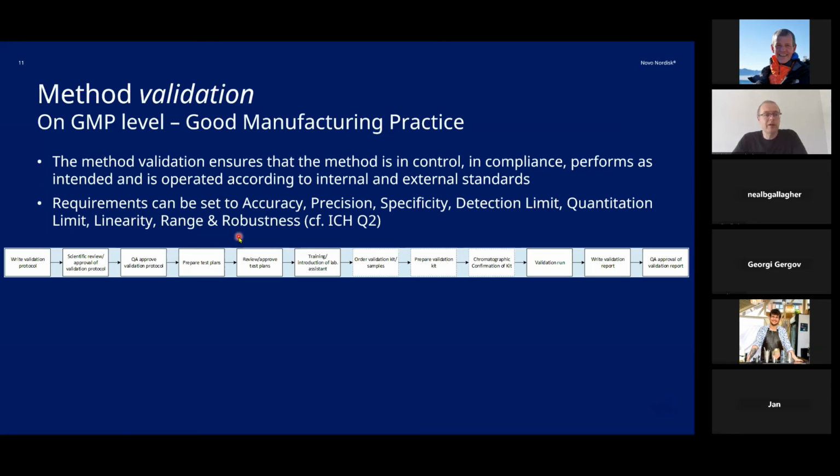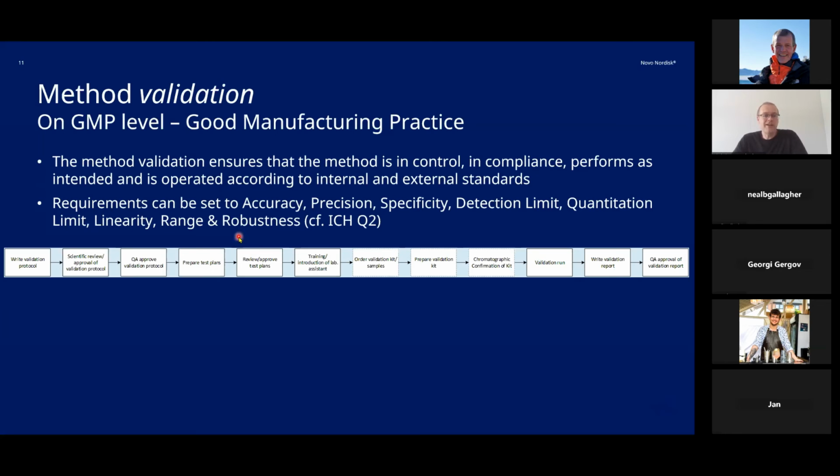So when we then push a method into validation, everything that we do on the instrument side, we need to ensure is also working for the method. So the method validation ensures that the method is in control, in compliance, and performs as intended to all these standards.